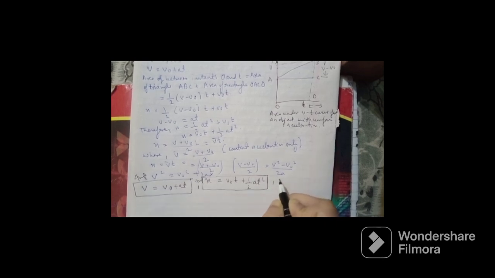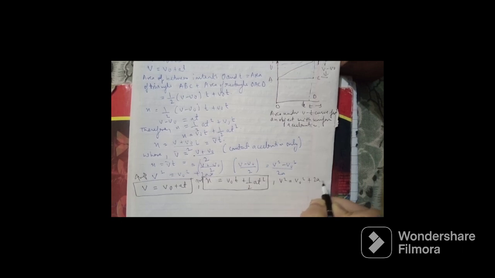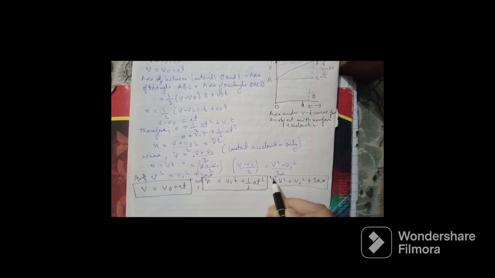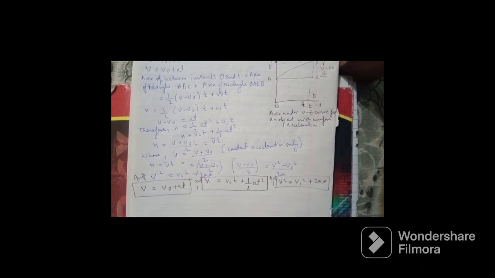This is also important. Another one is v square equals v naught square plus 2ax. This is also an important one. Here they connect the five quantities v naught, v, a, t and x. These are the kinematic equations of rectilinear motion for constant acceleration.